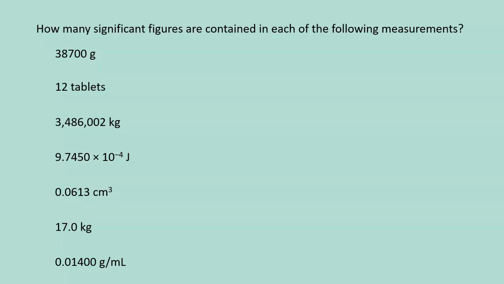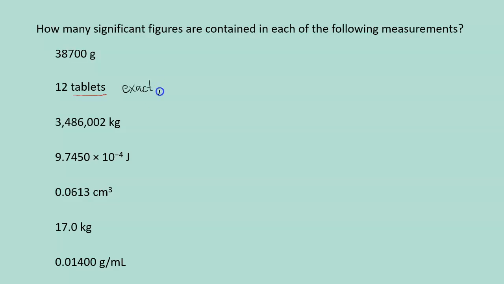We're looking for units that have an entity that cannot be divided into fractions and keep their entity. An example here would be the 12 tablets. We're going to assume that they are counting up those tablets and that they cannot be broken up into fractions and keep their entity. So we're going to call that exact if we have 12 tablets.